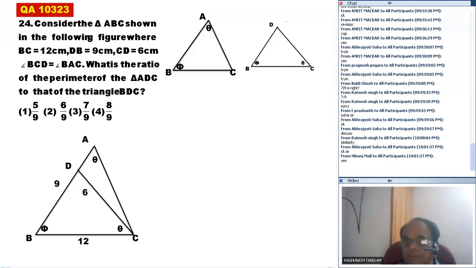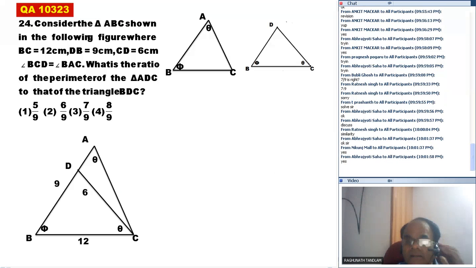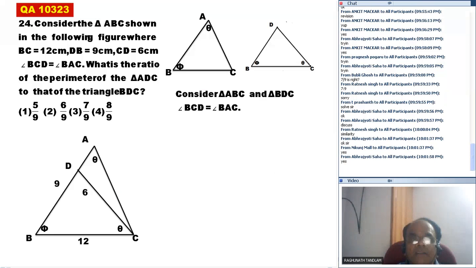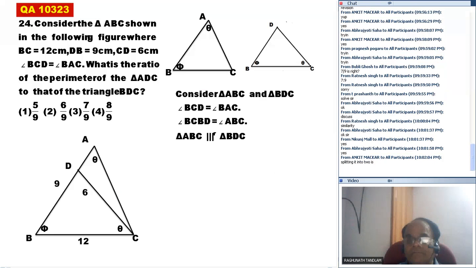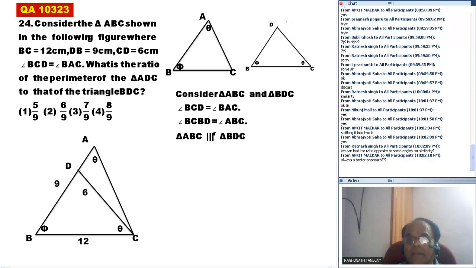Amarandeep, are you clear with the triangles I have drawn out? Yes. Now, the two triangles are similar. Then, it's always a better approach because we can understand the sides easily and clearly. If I get two triangles outside, it makes it easy for me to understand.